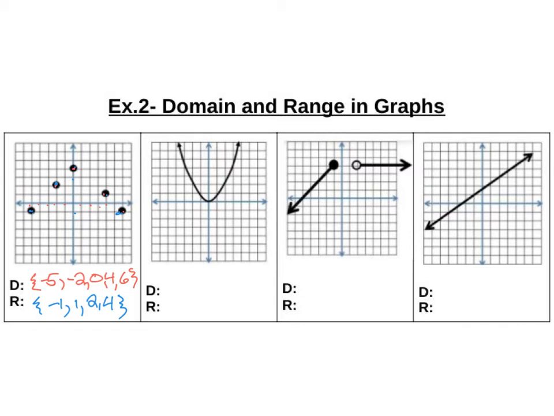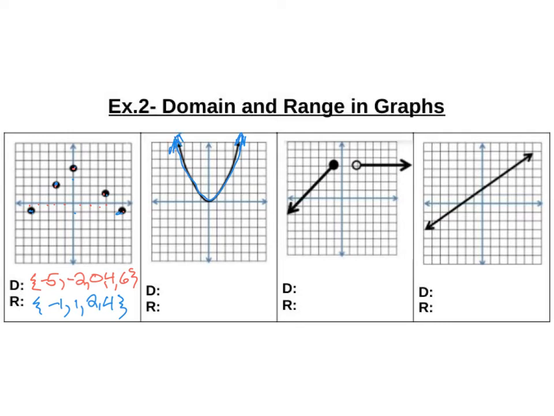But when we look at this next one, we have a big, long, continuous graph. So we can't just go through and list out every point, because that's going to include all fractions, decimals, every value in between. We could be here all day writing them, not to mention these arrows mean that they're going on forever.